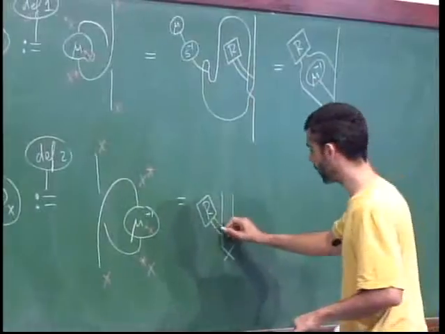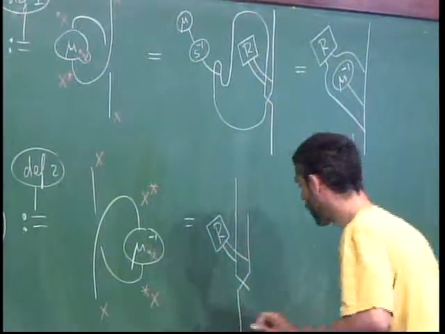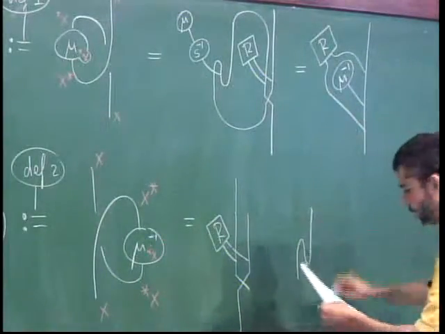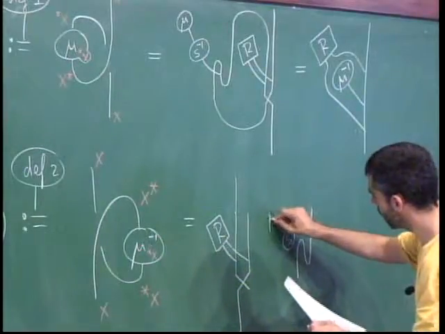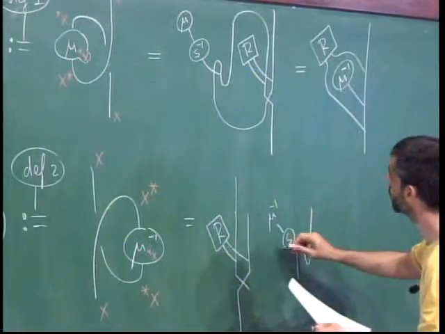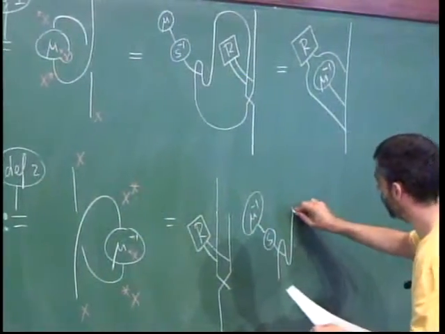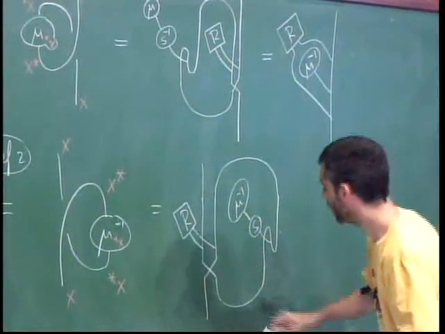But here it's braiding between X and X. Okay, so this is what we have. On that side, there's a little thing precomposed with S. There's a mu inverse. It acts here in the middle. It goes here and there.